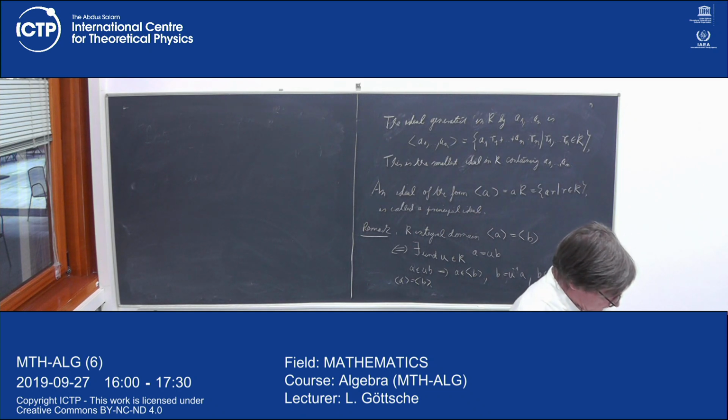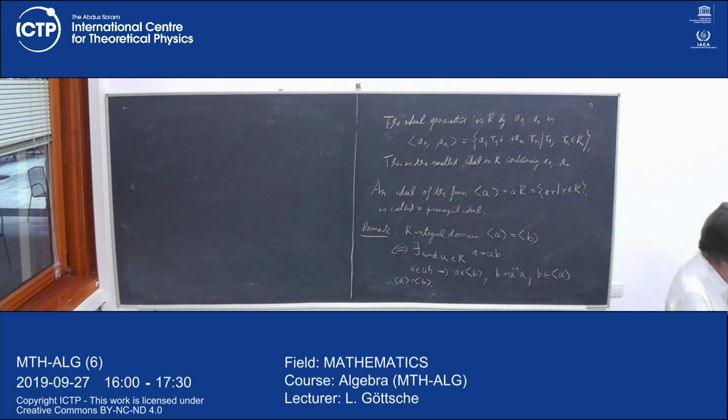The kernel of a ring homomorphism is an ideal, and more generally the inverse image of any ideal is an ideal. And if the ring homomorphism is surjective, we also have a converse, namely the image of an ideal would also be an ideal. But that's only if it's surjective, otherwise not.